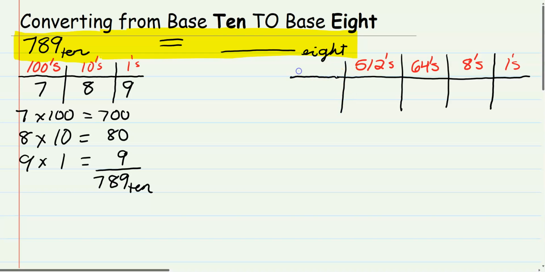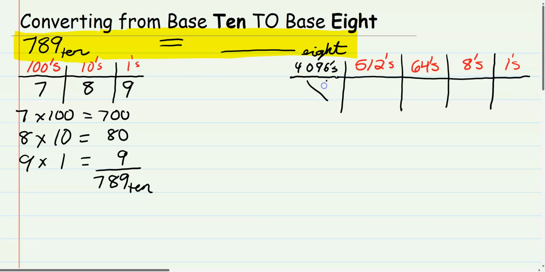Now the question is, do I need one more place value when I am converting 789? That means we are asking what is our next place value? Our next place value is going to be a really big number because it would be 8 groups of 512, which is 4,096.